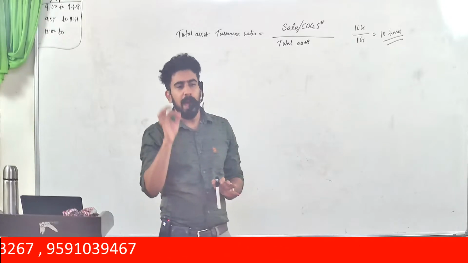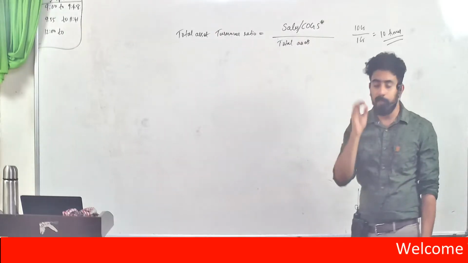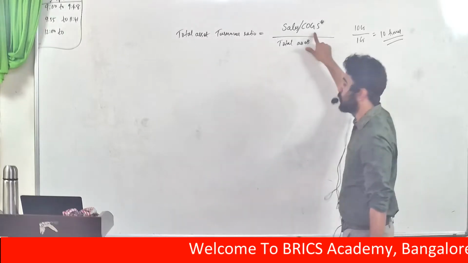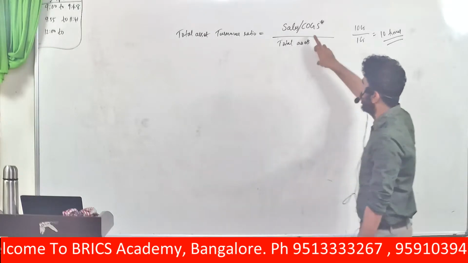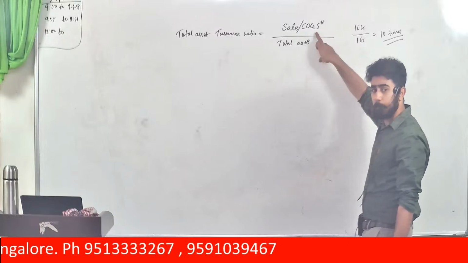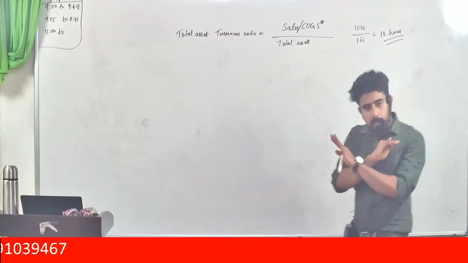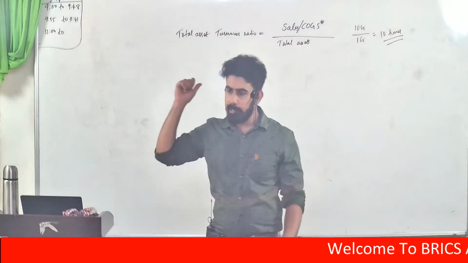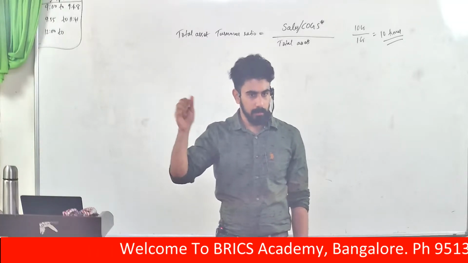In the question, if COGS is directly given, or indirectly you have some information to find out COGS, always use COGS. If there is no COGS in the question, if there is no way to find out COGS, then you use sales. This is more of a thumb rule.